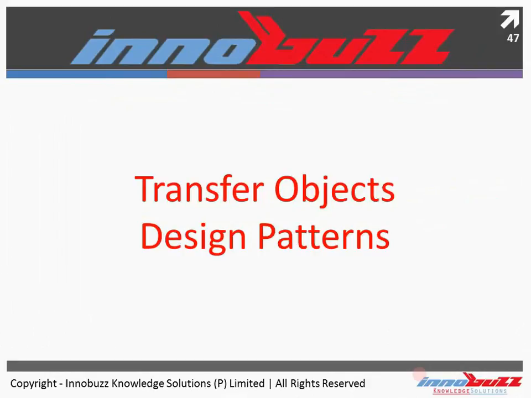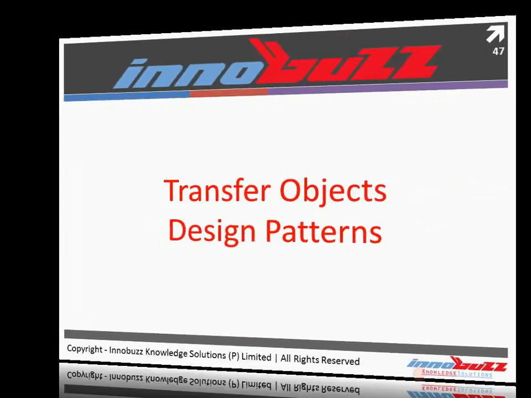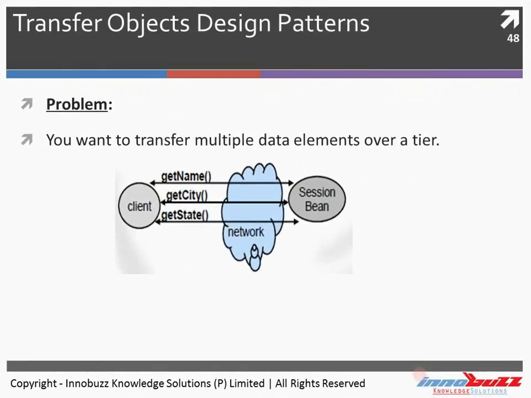Next is the transfer object design pattern. Say you have a problem where you want to transfer multiple data elements over a tier or a network. Here, you have details like name, city, state, and all these details have to be transferred over multiple networks.